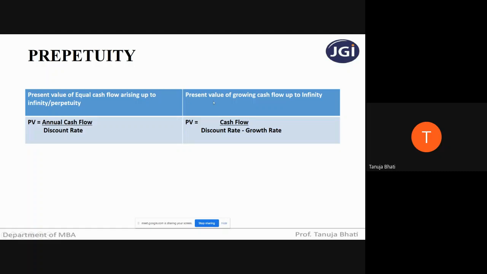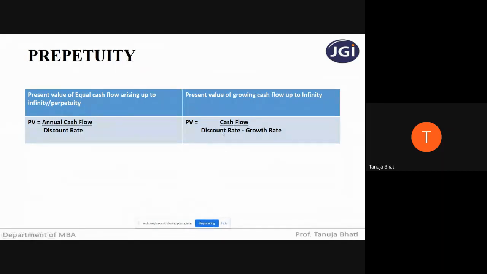Now suppose the perpetuity is such that every year you are receiving some amount but with some growth in that amount. So how to calculate the present value of a perpetuity with growth rate, that is, growing cash flow up to infinity? Present value is nothing but cash flow divided by discount rate minus growth rate.